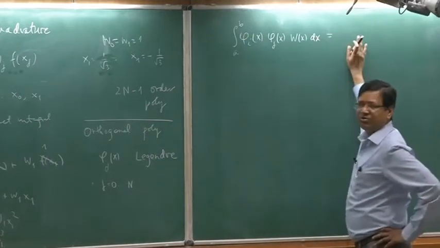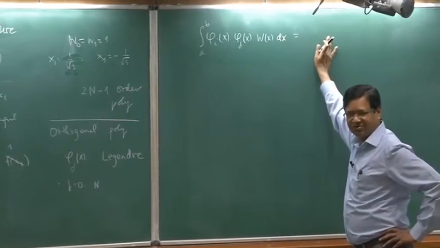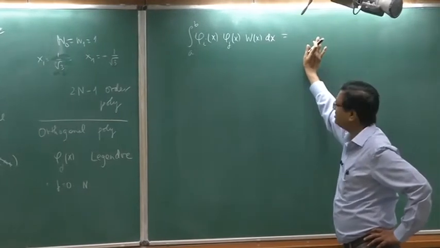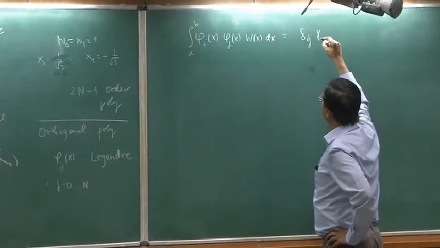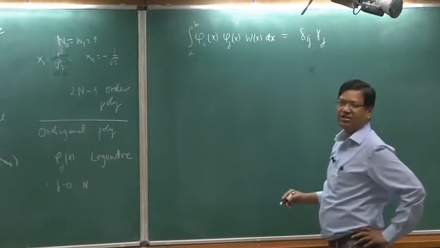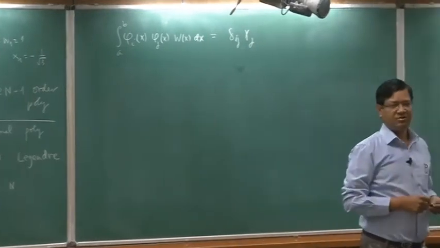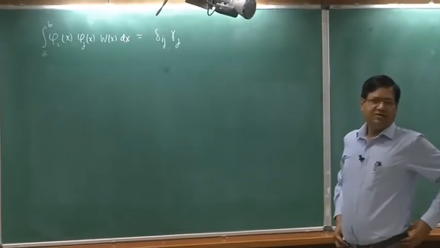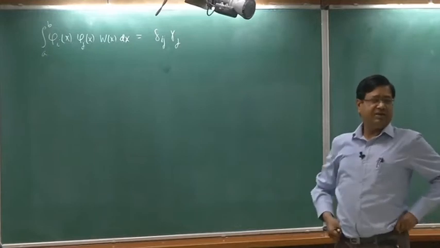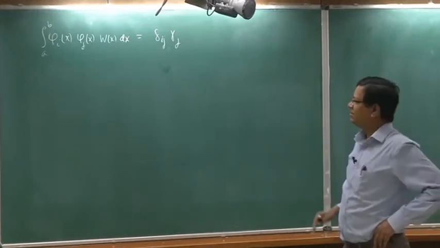This does not equal 1, they are not normalized orthogonal functions, they are orthogonal functions, and this gives delta ij times gamma j. Gamma j is a number. That is a property of orthogonality, right? Everybody knows this? Yeah.